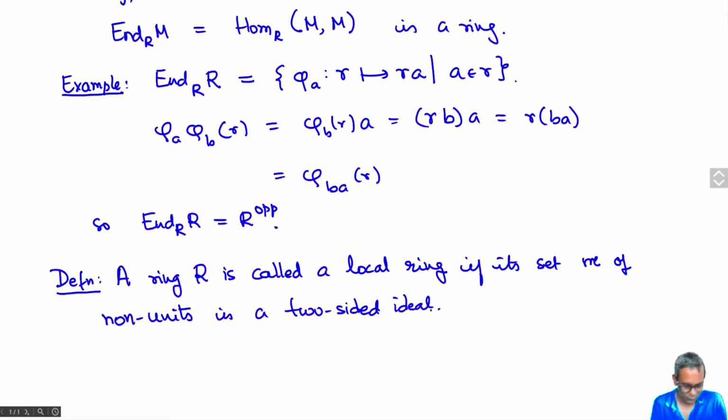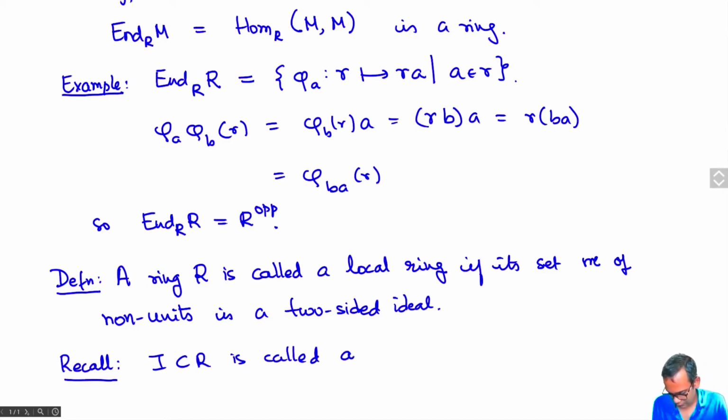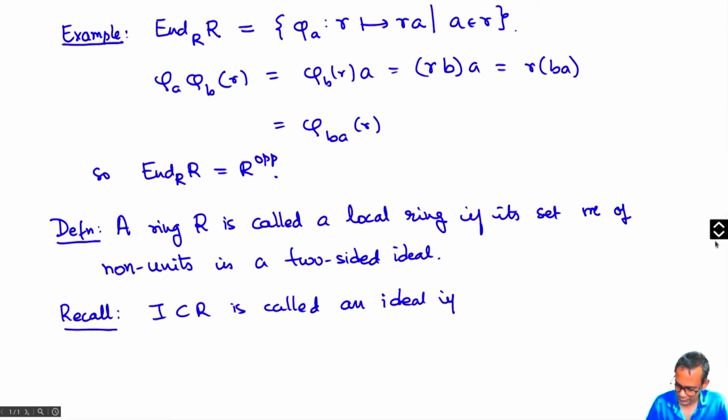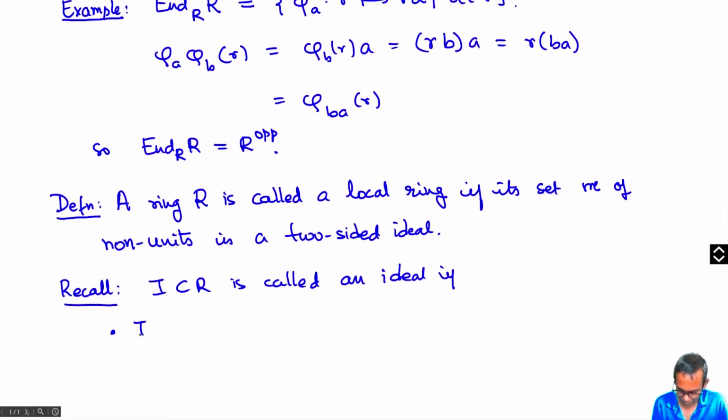Okay, what is the meaning of an ideal? You can recall from Algebra-I. I is called an ideal if, firstly, I is a subgroup of the additive group.